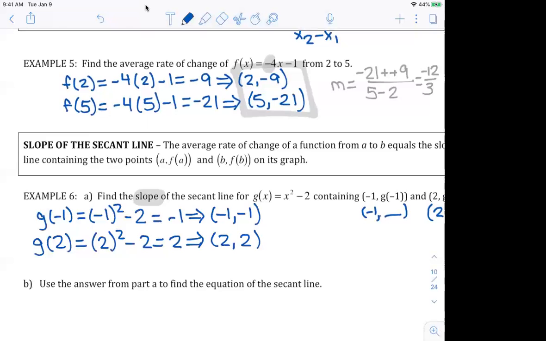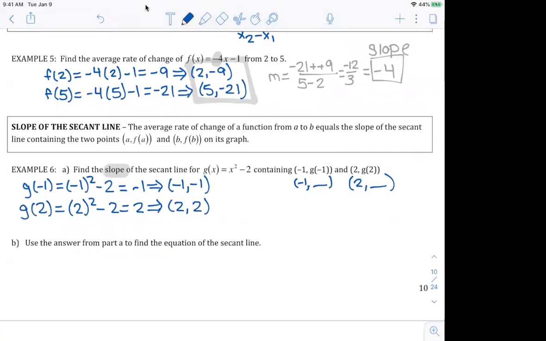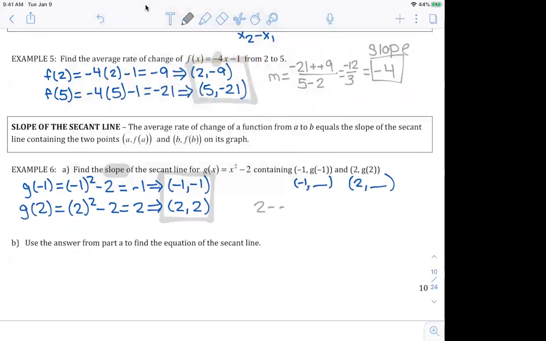And now I'm going to find the slope. You can't just tell what the slope is of this problem because it's not a linear equation. So here are my 2 points. You calculate slope by doing y2 minus y1, so 2 minus -1, over x2 minus x1. What you're going to end up getting is 3 over 3.